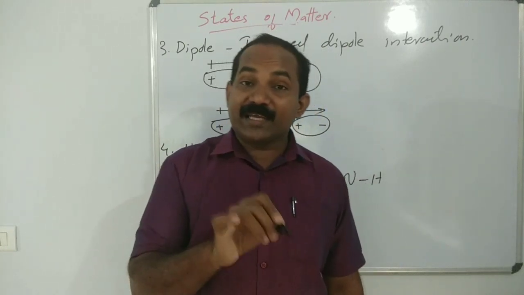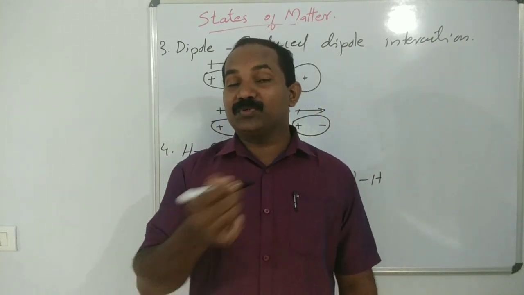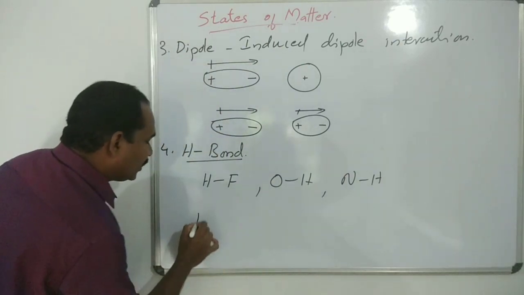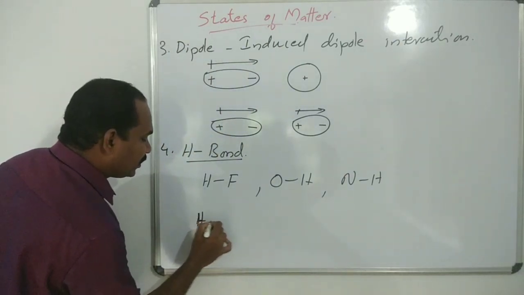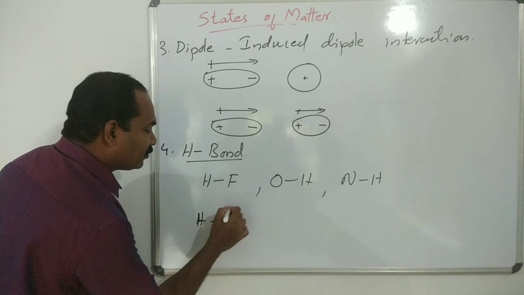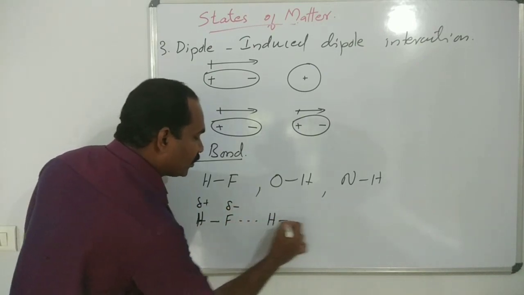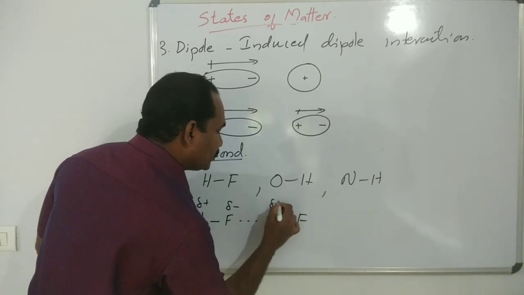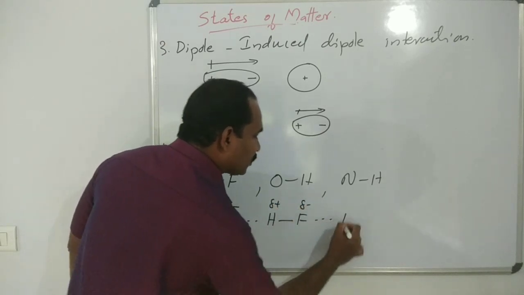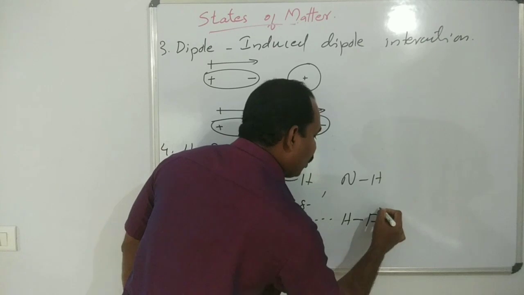The electronegative atom is negative and hydrogen is positive. The interaction between the hydrogen and the electronegative atom of the other molecule is called hydrogen bonding. This we already learned.